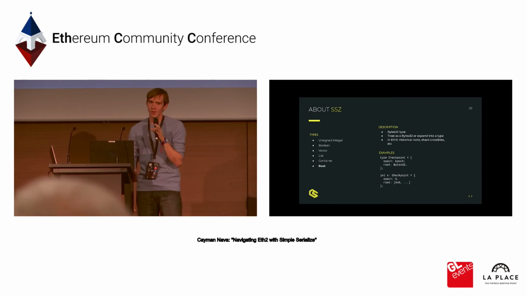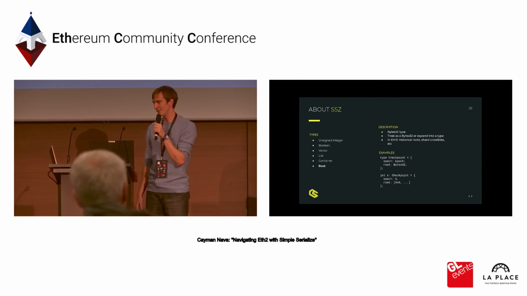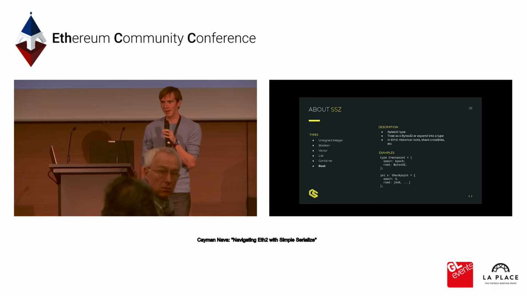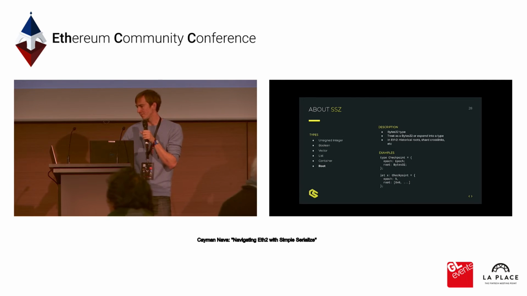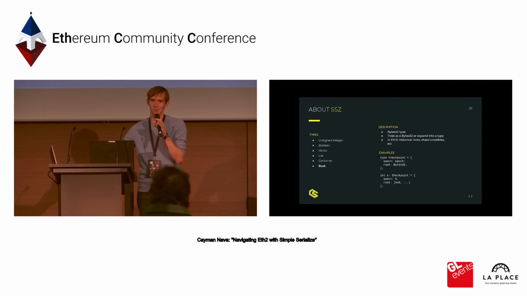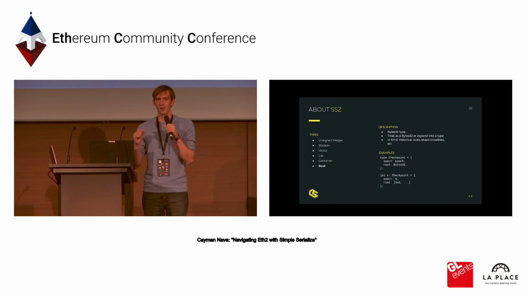And a root, I'm calling this a separate type. It's actually just a byte 32 type with some special semantics around it. We treat this as a byte 32, but it has the special ability that we can also imagine that the root is the root of another tree.